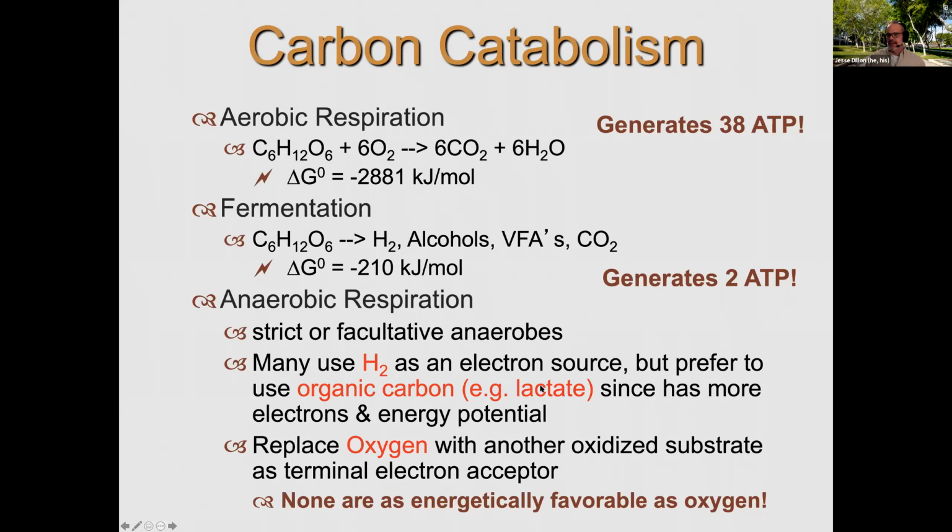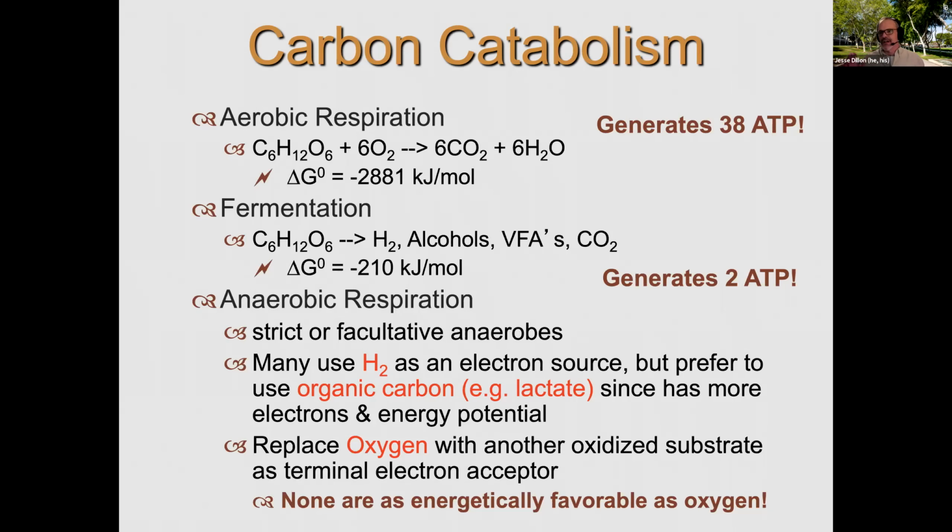But even simpler compounds like 2 and 3 carbon fermentation products like lactate can also be a good source of food. And so since they're not breathing oxygen, they have to use another oxidized substrate. So the key to this is to remember that you're going to look for oxygens in the molecule, whether that's sulfate or nitrate.